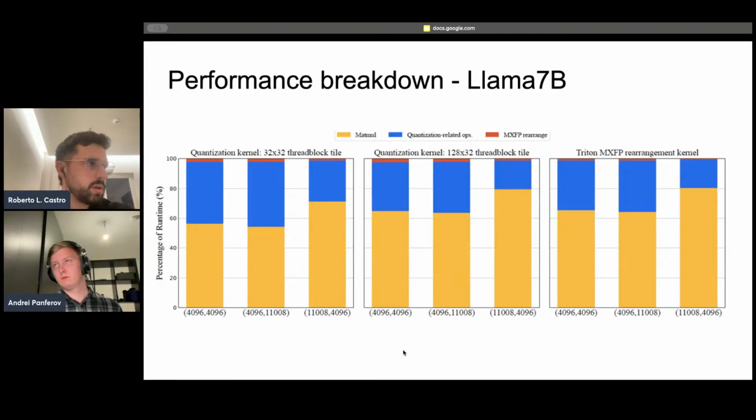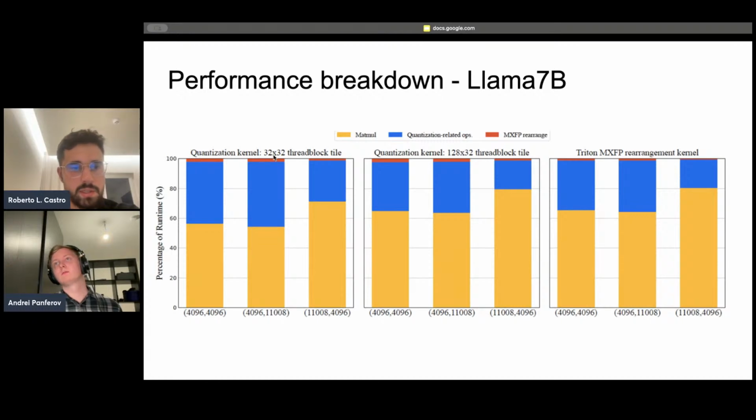This is not actually related to our implementation. This is just that as we increase the arithmetic intensity, the matmul is just going to take longer and we can hide these quantization related operations easily, right?